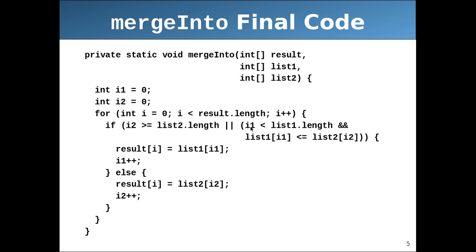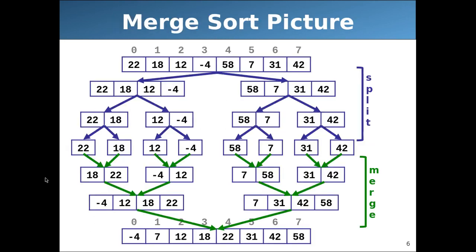So if we've exhausted list 2, but we have some of list 1 left, then we're going to put it in. And the result is going to be of size 2. So, I'm sorry, it will run twice, right? Because these are 2 single elements, so it's going to look to put these 2 into the new array of size 2.